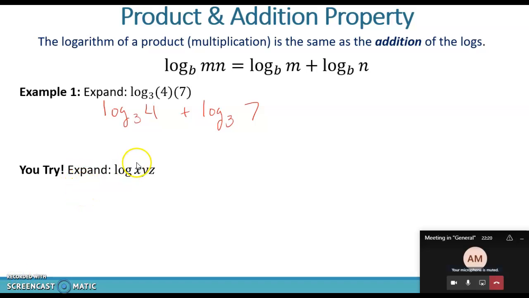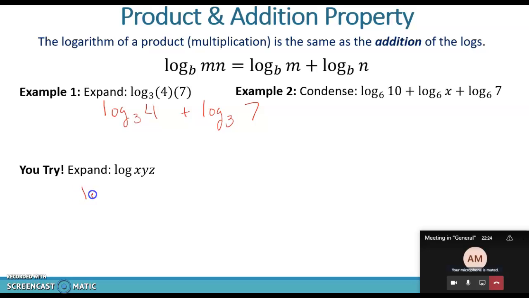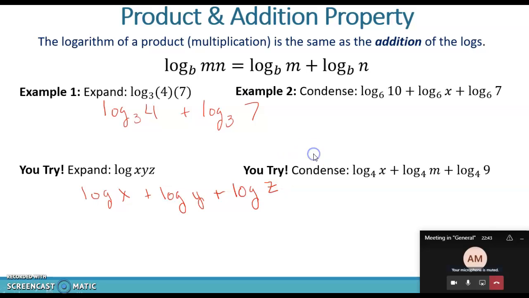Hopefully you got that. All three of these are being multiplied together, so it's going to be log x, because it's base 10, plus log y plus log z. Hopefully you did great on that one.